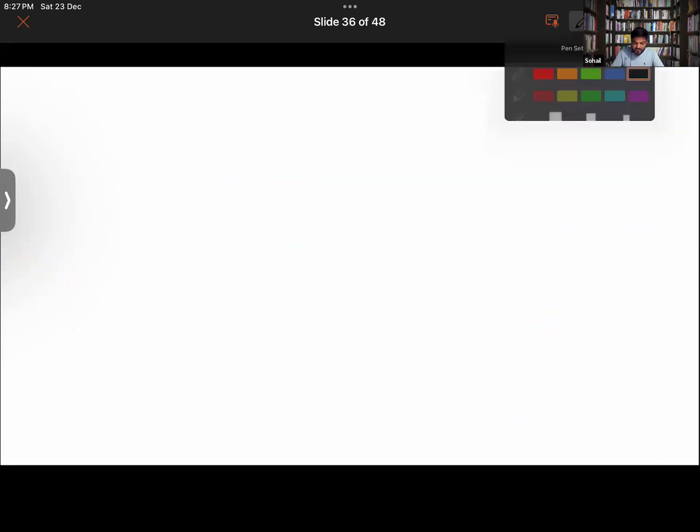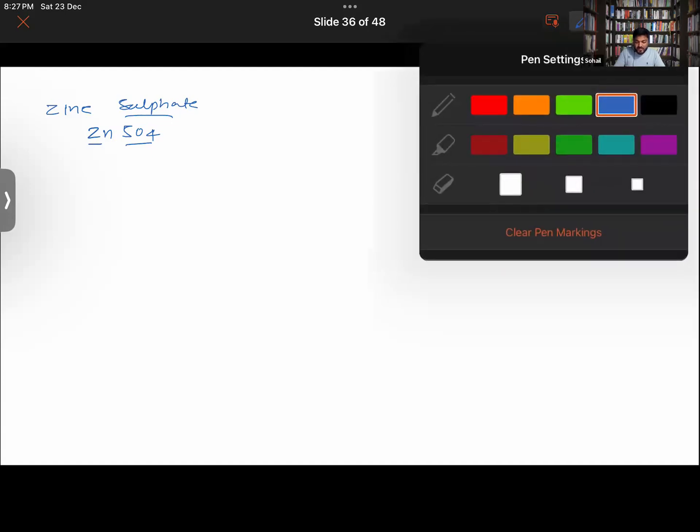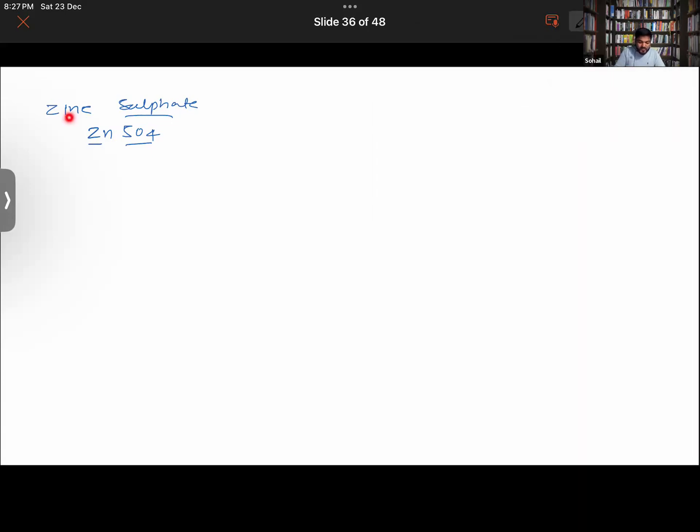What if I were to have zinc sulfate now? Now I take this zinc sulfate solution. Zinc sulfate, that is ZnSO4. SO4 means sulfate, Zn means zinc. In chemistry, rather than writing the whole name of the element, we use symbols for it.